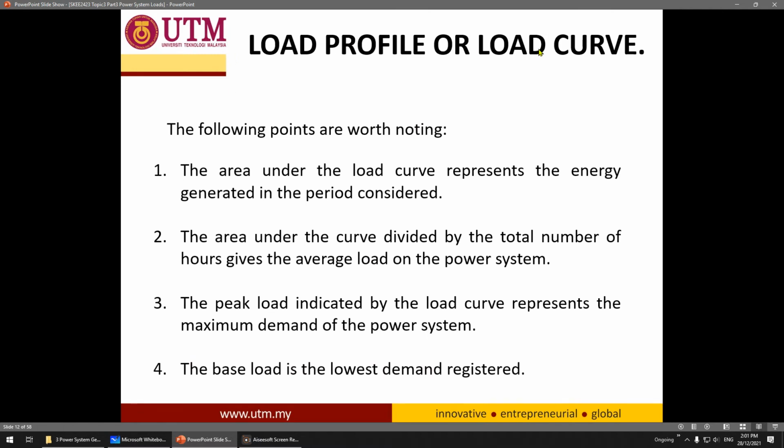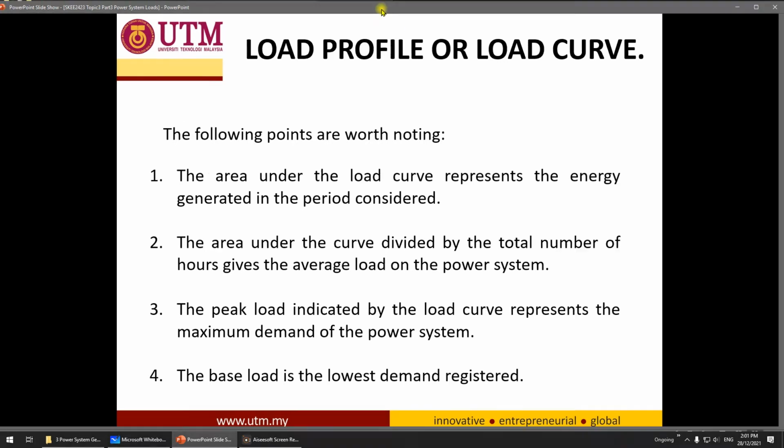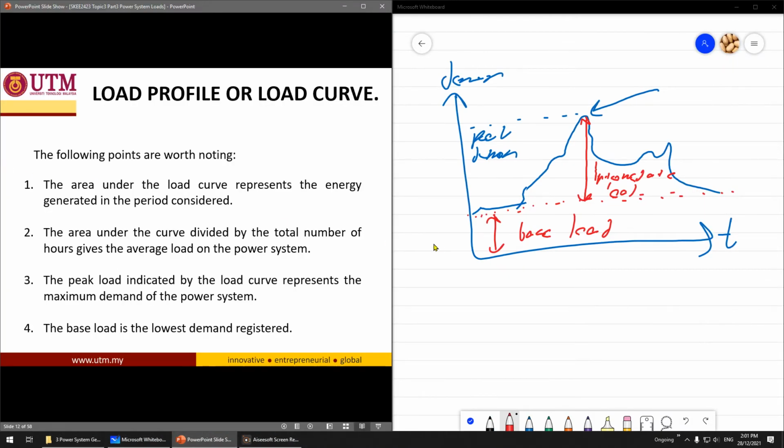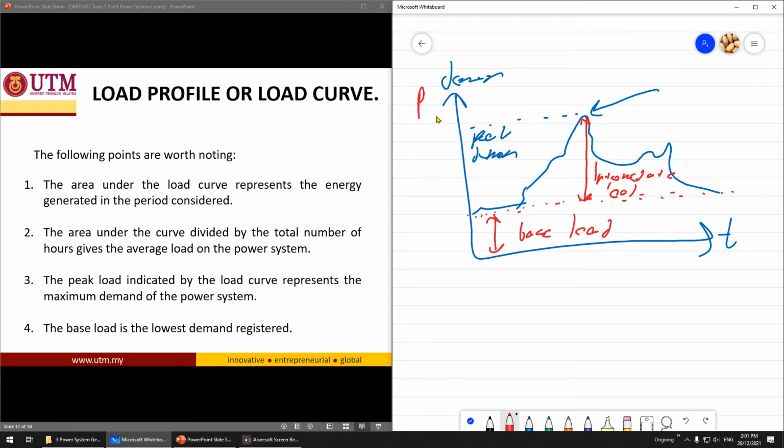For the load profile or load curve, the following points are worth noting. The area under the load curve represents the energy generated in the period considered. What does this mean? You can see here, for example, this is power. If you look at this area, this is actually energy.